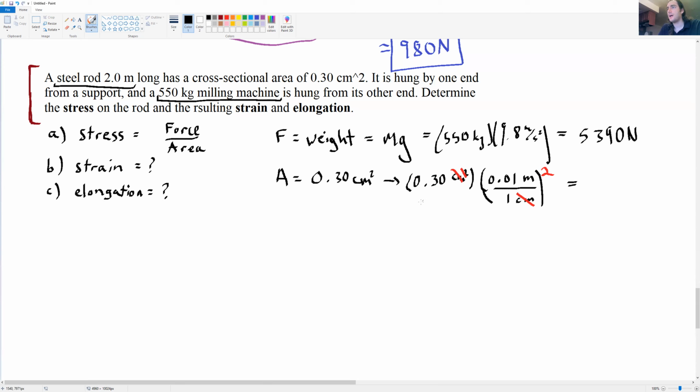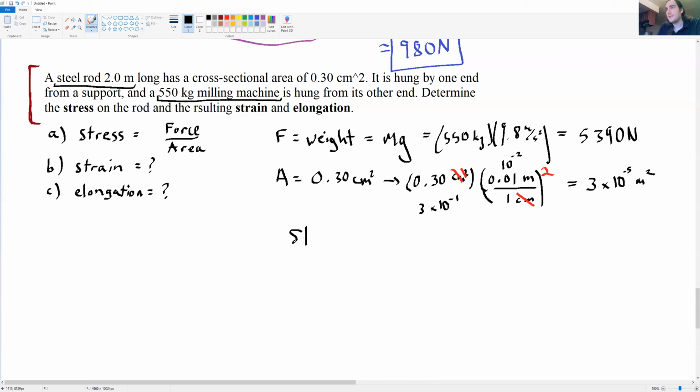So this is 3 times 10 to the minus 1. And this right here is 10 to the minus 2, and it's going to be squared. That's going to be 10 to the minus 4. So the number we have here is 3 times 10 to the minus 5 meters squared. You can just use your calculator for that.